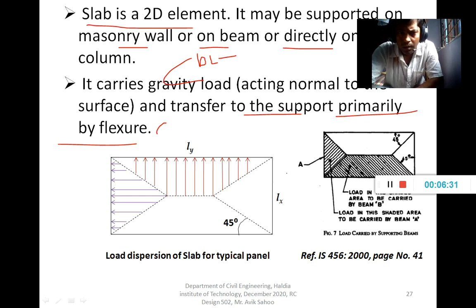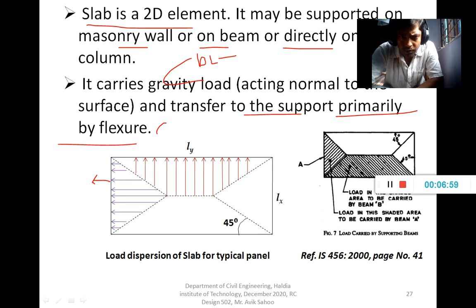Now you see that the load dispersion of the slab is shown, and the code says that load is dispersed at a 45-degree angle. This is a panel supported on four sides by beams.